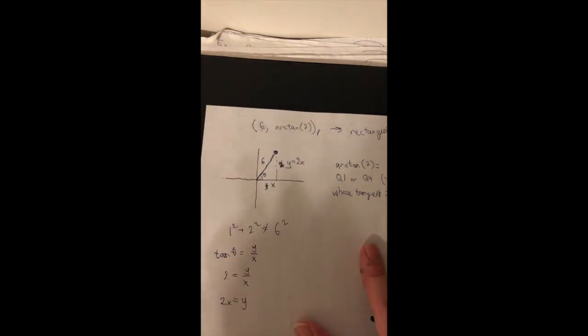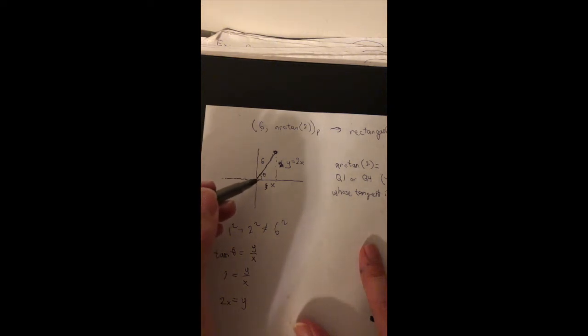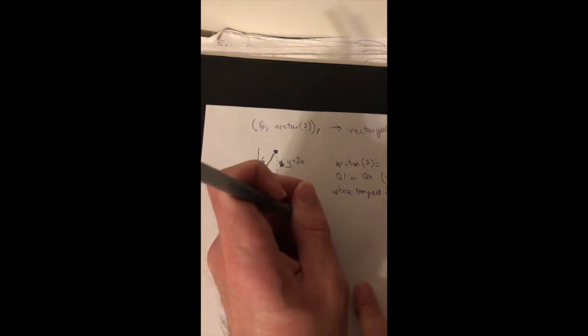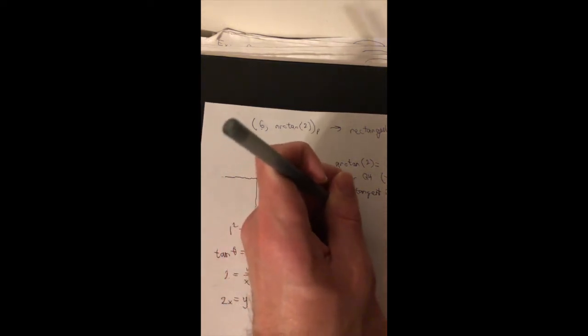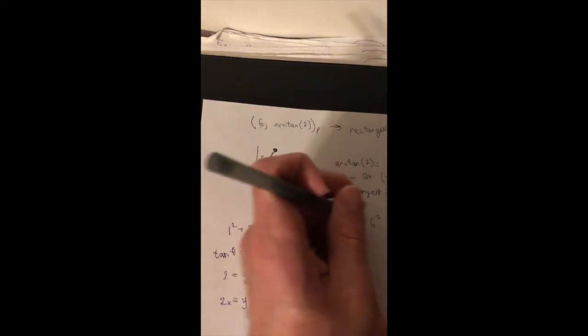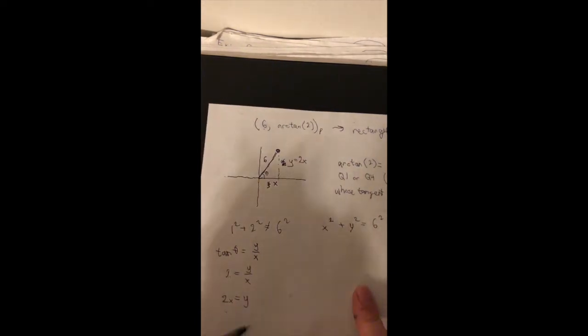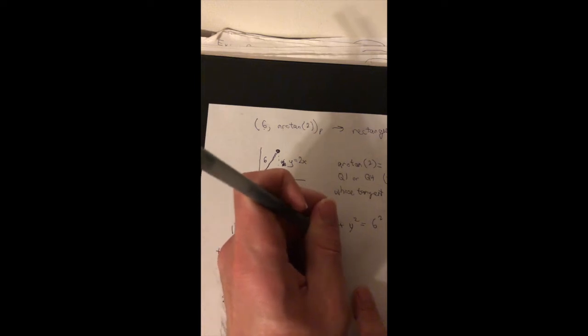right? So if I want to find what x and y are, I can use this together with the Pythagorean theorem to say that x squared plus y squared equals 6 squared, and then I can substitute in my 2x for y.